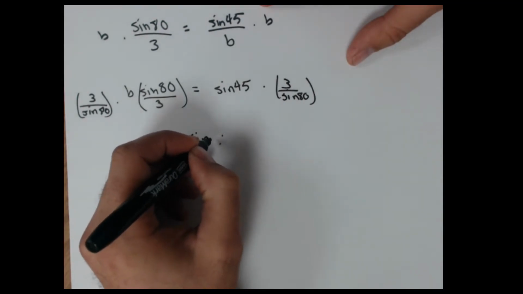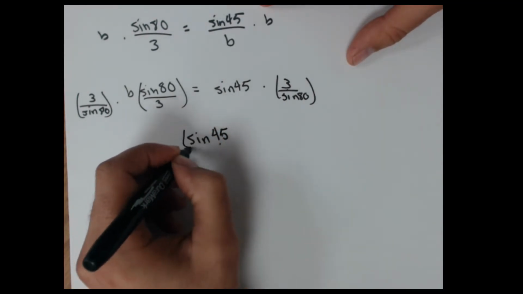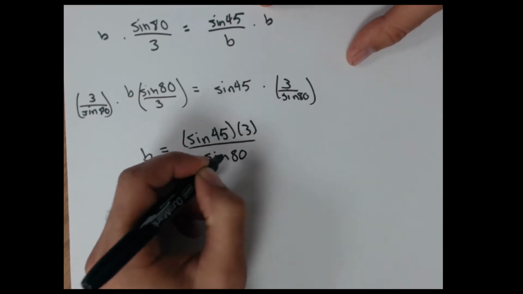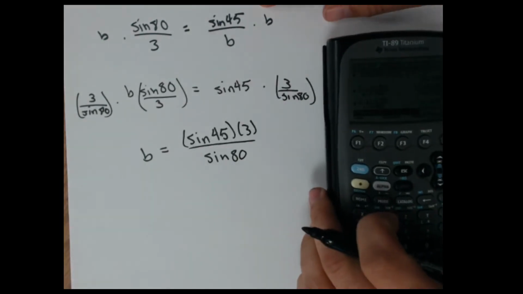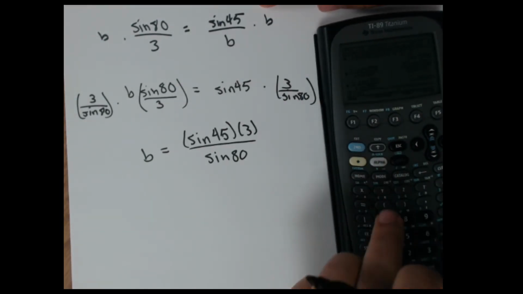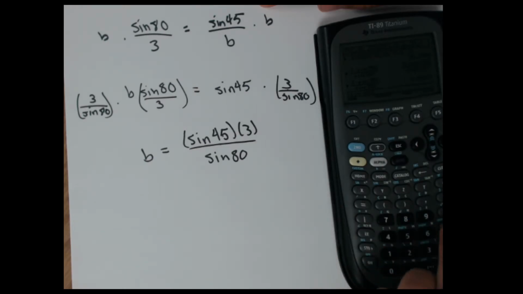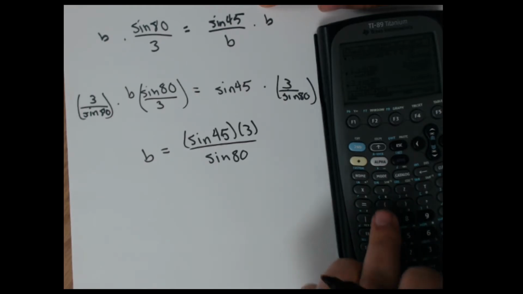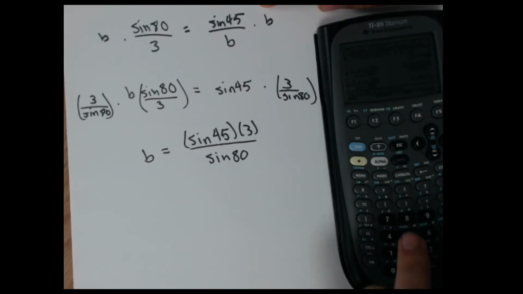B equals now sine 45 times 3 over sine of 80. We plug all of that magical stuff in. Sine 45, which should be a memorized value for you, times 3 divided by sine of 80.